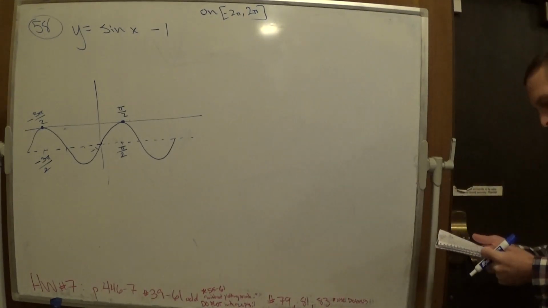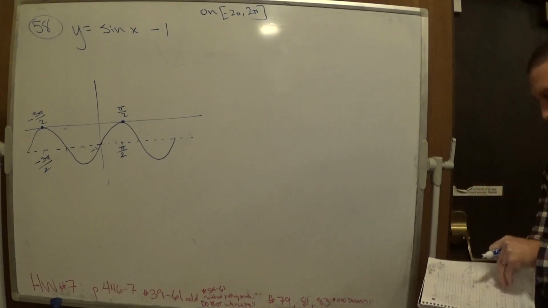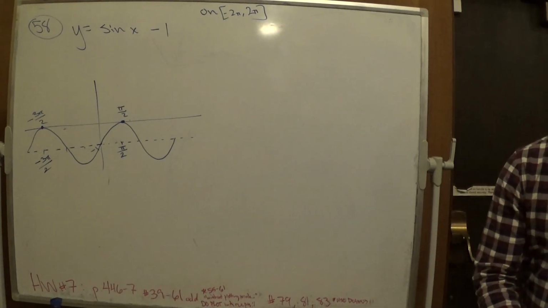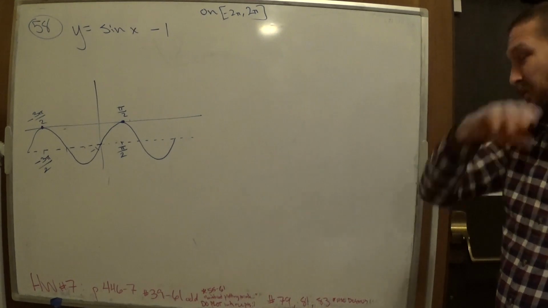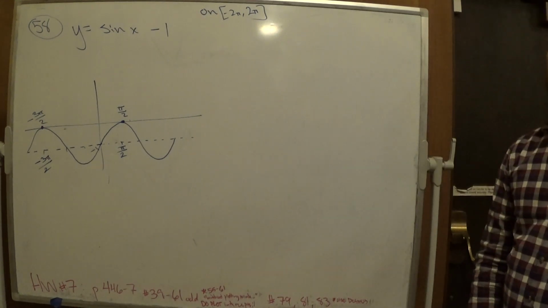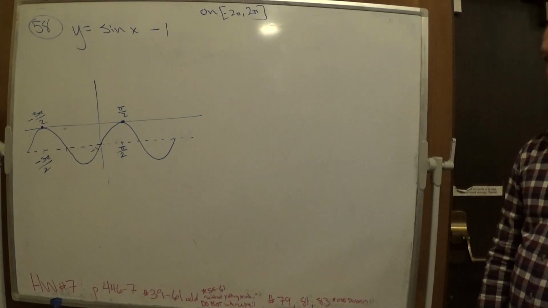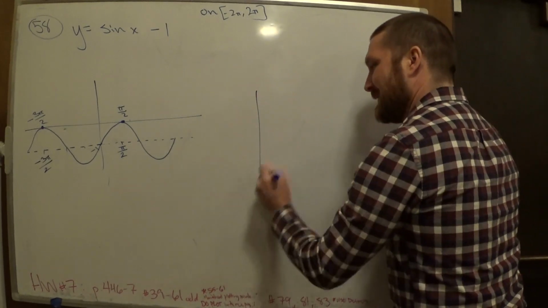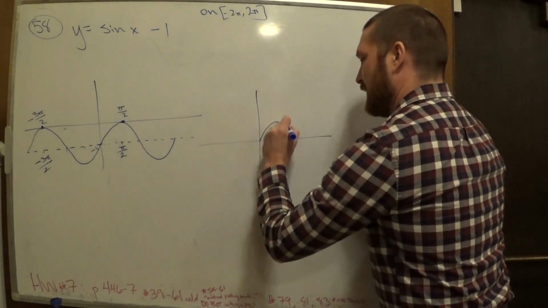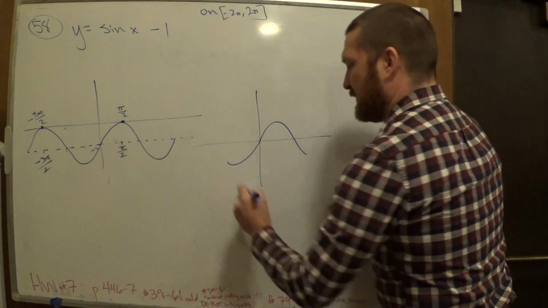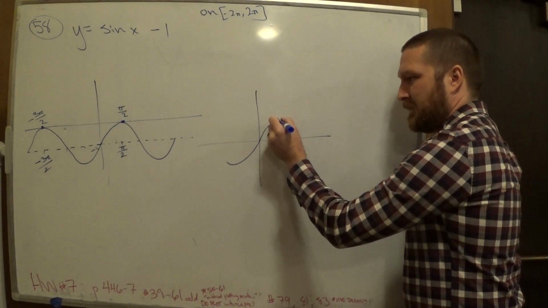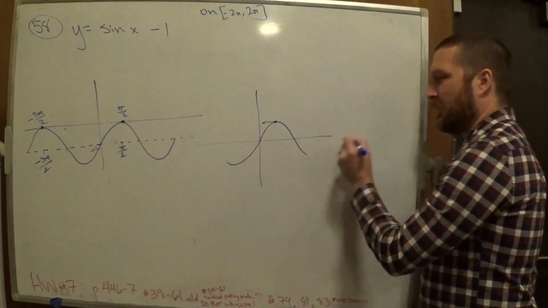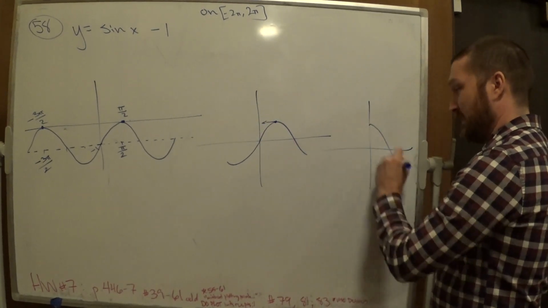Because if you shift cosine by pi over 2, depending on which direction, would you end up with sine? Think about it. It does this. If you shift it that way by pi over 2, then you end up with it upside down.